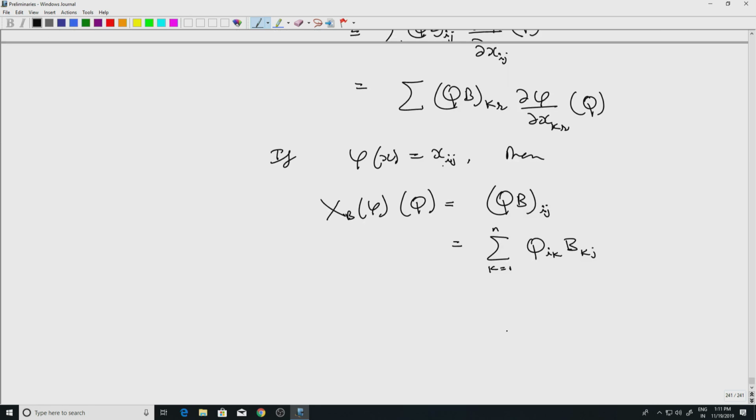In short, another way of writing this is the function xb of phi. Remember, Q is supposed to be the variable here, and we are trying to understand this function xb of phi. If I don't want to mention the variable, xb of phi is, now this function Qik is just the ikth projection acting on Q. So this is pi ik times Bkj.